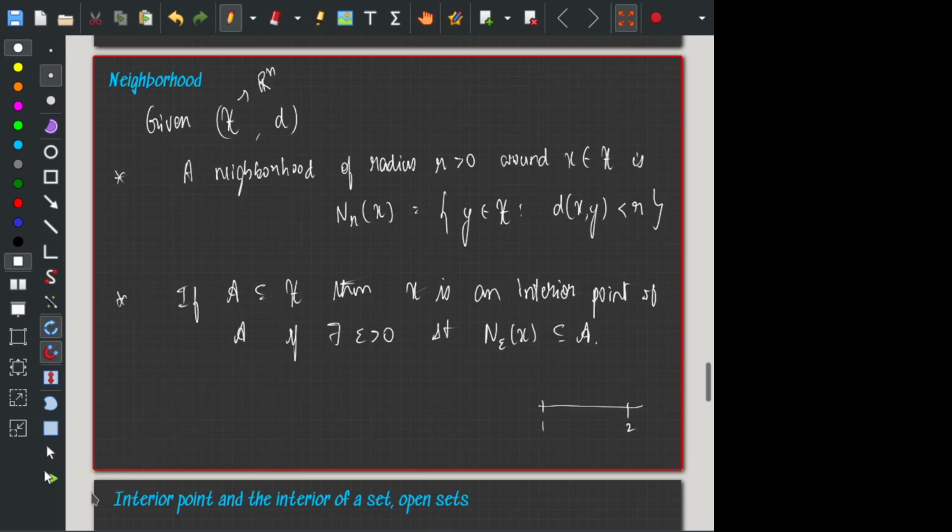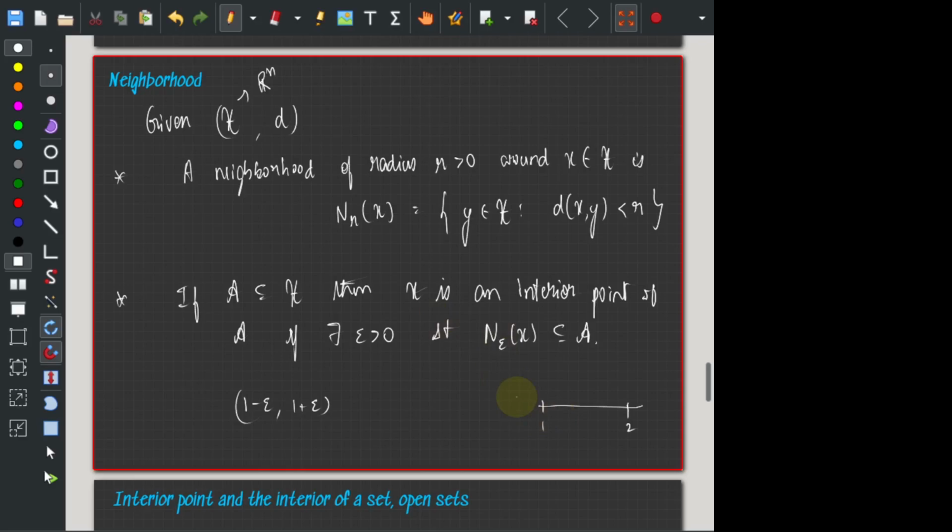So let's see. Suppose I take the point 1. What does a neighborhood around 1 look like? A neighborhood of radius epsilon is the open interval 1 minus epsilon to 1 plus epsilon. If I take the intersection with the set A, 1 comma 2, it's not equal to this interval. It's not fully contained in the closed interval, so therefore 1 is not an interior point.